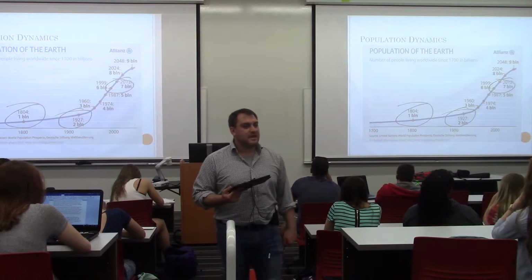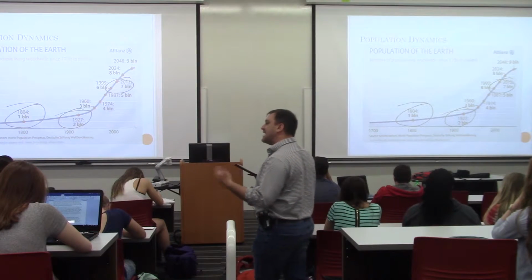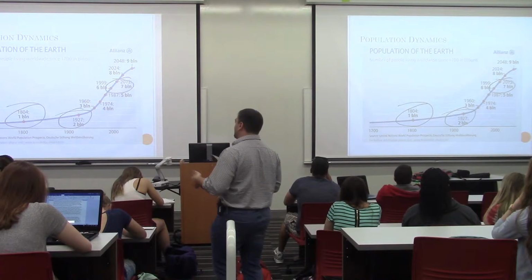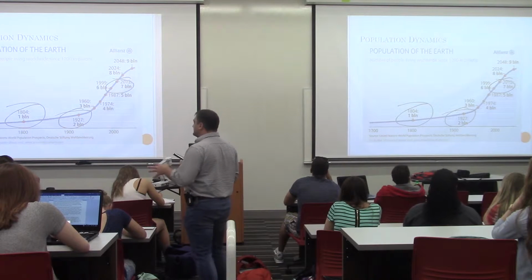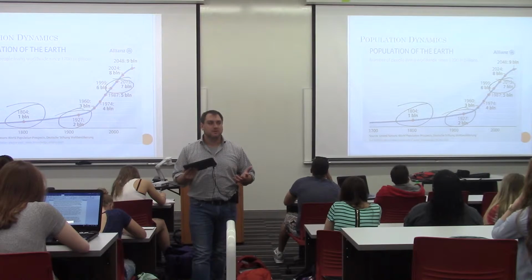So we have nearly an exponential growth rate in terms of population. And there's a lot to be said when we look at the population growth rate of the world.